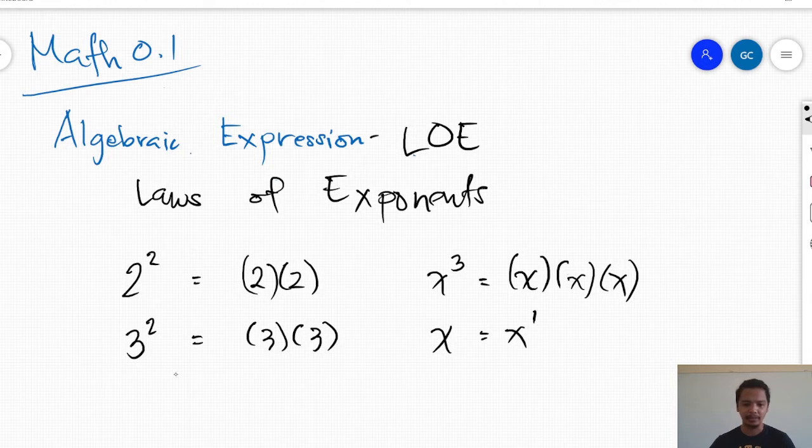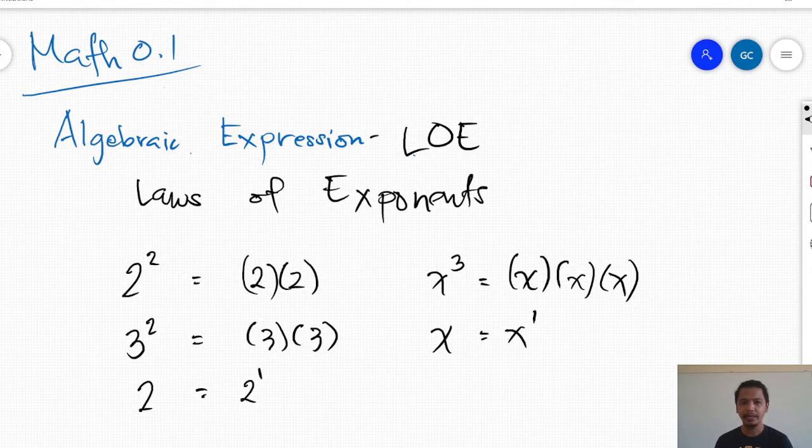So, halimbawa, meron kang 2, that is actually equal to 2 raised to 1. So, bakit natin kailangang intindihin yan? Mamaya, papakita ko sa inyo kung bakit kailangan nating isa-puso or isa-isip na kapag meron tayong number na walang exponent, that number is actually raised to 1.